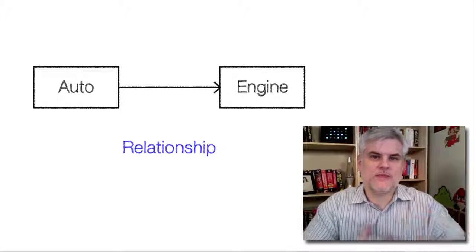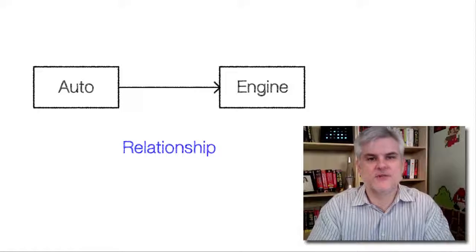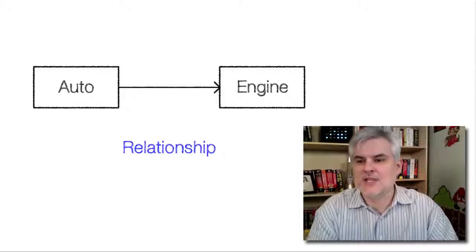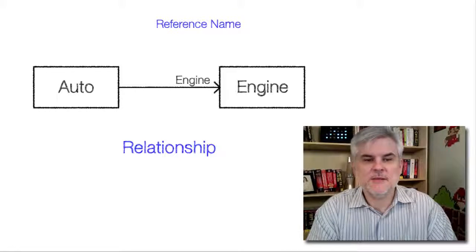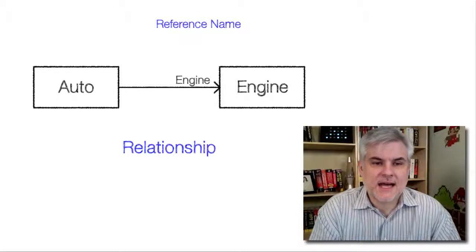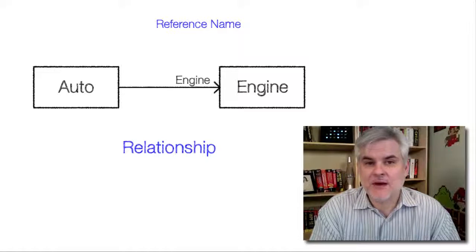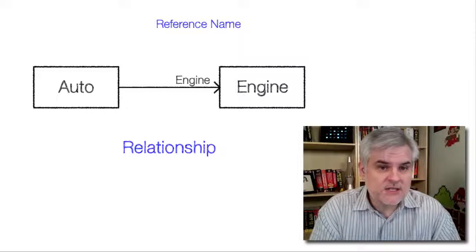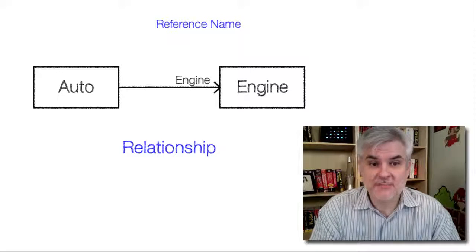It is the one that is going to hold a reference to the other object. Auto holds a reference to engine. And typically what you can choose to do is add the name of that reference. In our case, it was a public field, so it was capital E Engine.